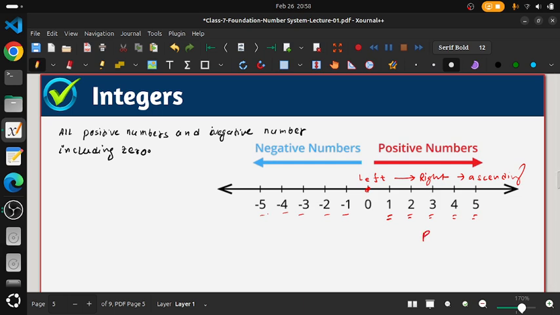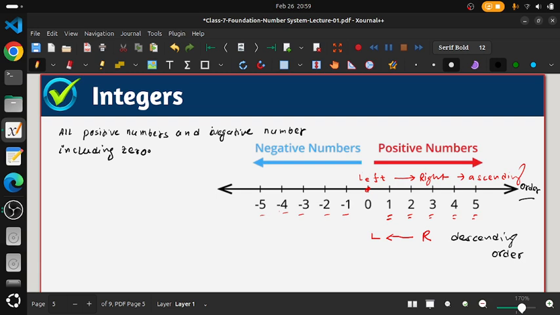I am writing R for right and L for left. So right to left, these numbers are in descending order. I hope you are understanding. Left to right it will be ascending order, and right to left descending order.